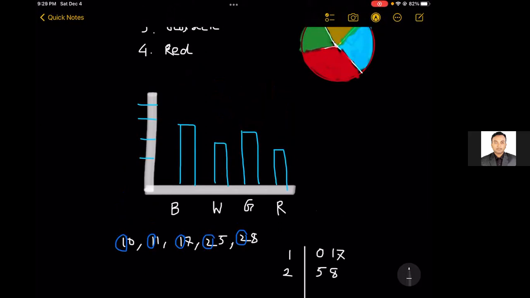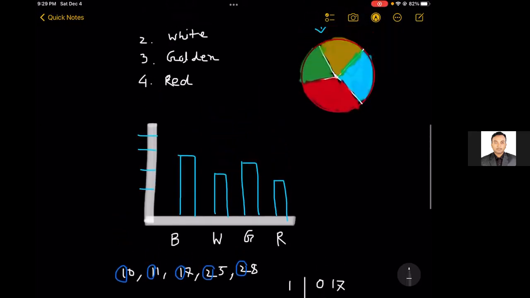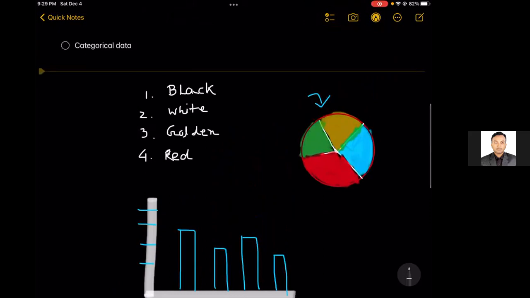So we need to have numerical values to actually display the data using stem leaf and the histograms. So for the categorical data, this too doesn't look like an option. Okay, next.